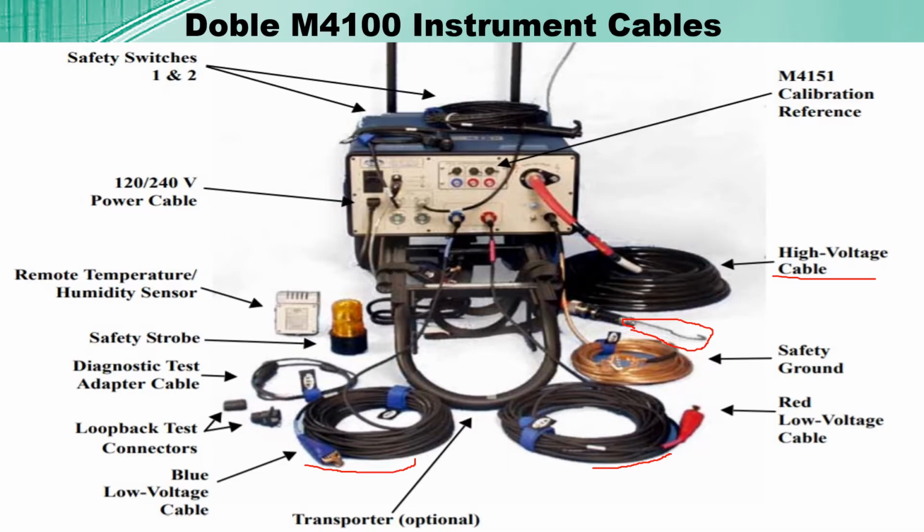Only one cable is used at a time and the other is kept as a spare, so that in case one of the cables fails, the other can be used. The next is the earthing cable, which you can also call the safety ground cable.